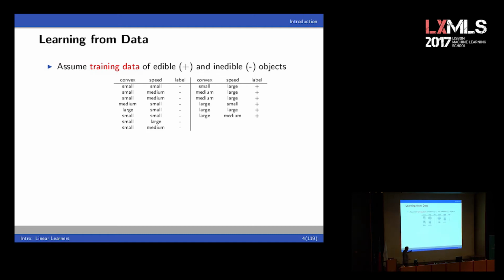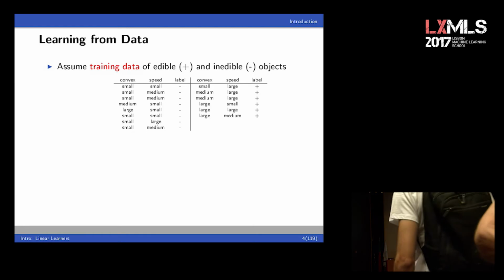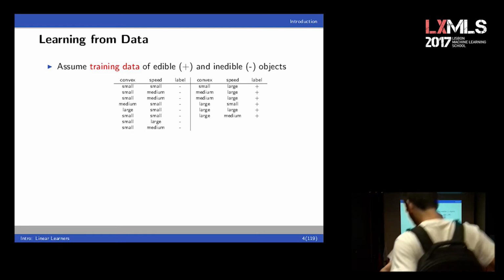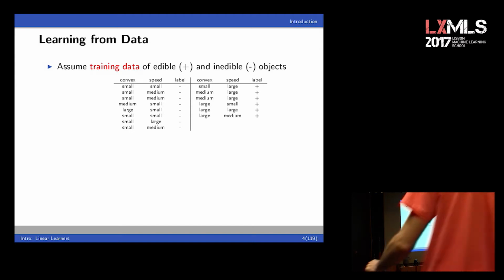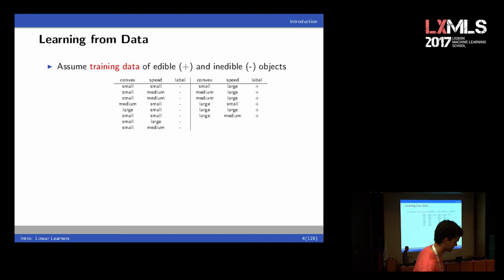So basically what we have on the left-hand side is inedible objects that are small and slow, or large and slow, and edible objects, they are basically either small and move fast, or large and move slowly, right? So this is basically the idea behind these features.